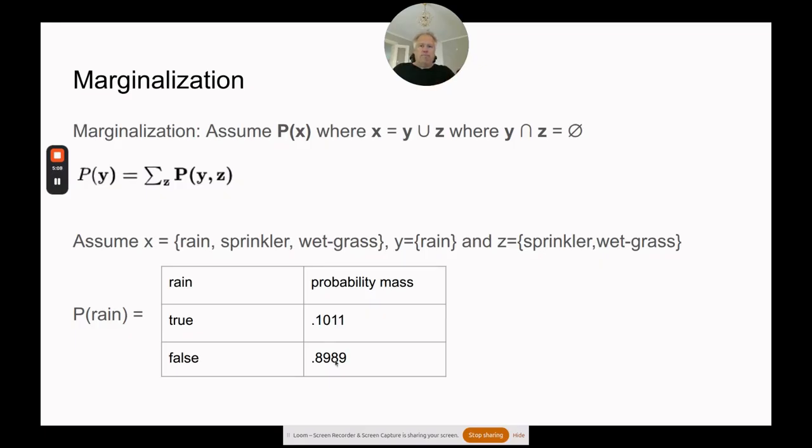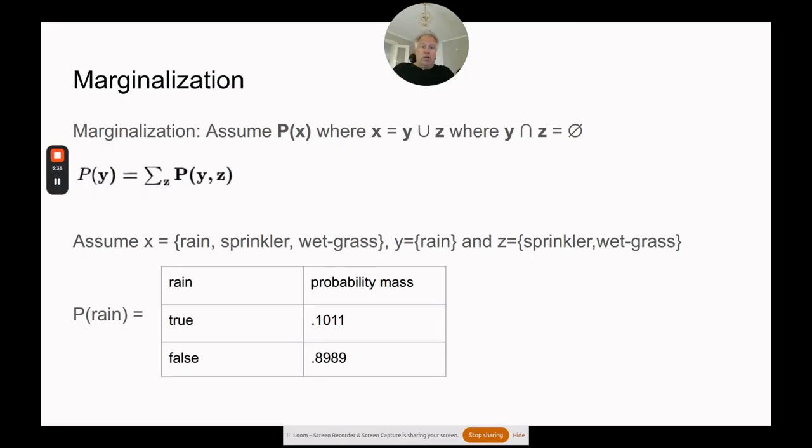So how does that work? Basically, it's summing over all the entries. If you look at it formally, we have x, and those are our 3 variables in this example, and then we split it into y, which is what we're interested in. What's the probability of that being true? And that's a Boolean expression, by the way.